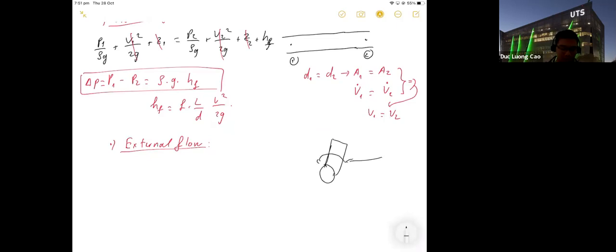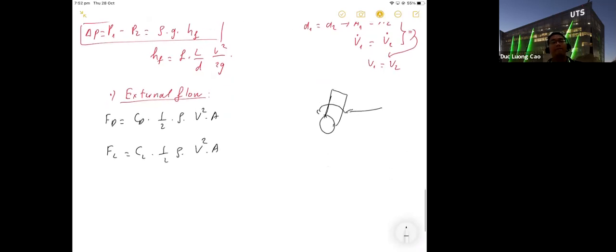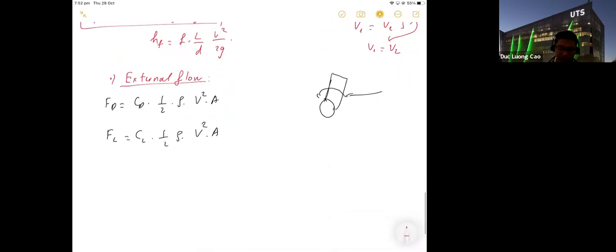We have two forces here: FD equal to CD times 1 over 2 rho V square times area, and lift force equal to CL times 1 over 2 rho V square times area.